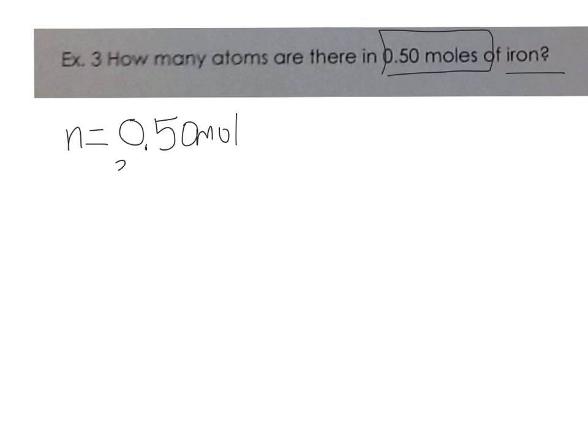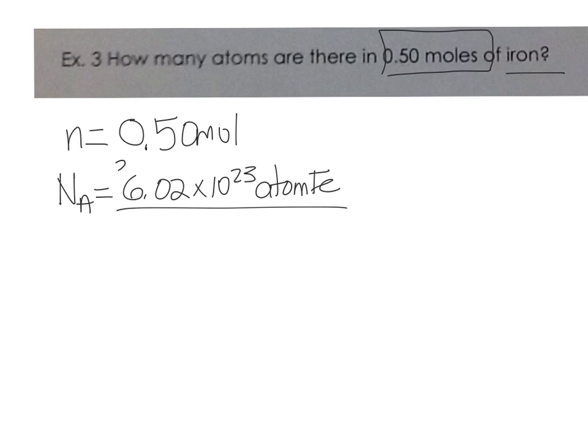It's iron, so what are the particles in Avogadro's number? But what's the particle? It's iron. It's monoatomic, so it's atoms of Fe per mole.